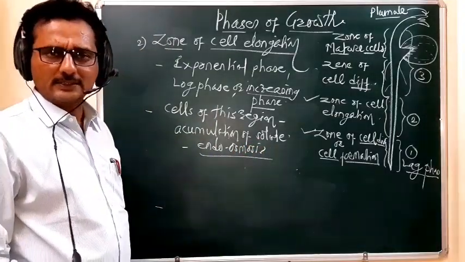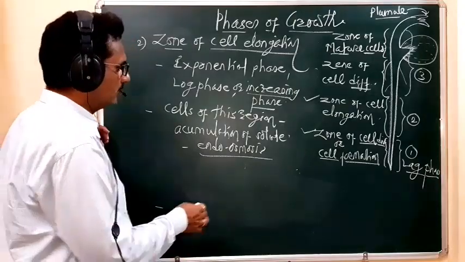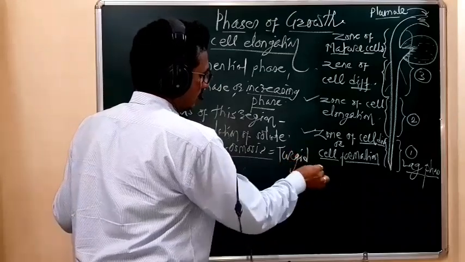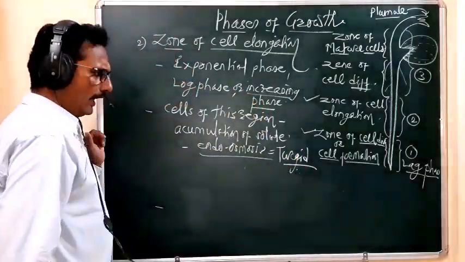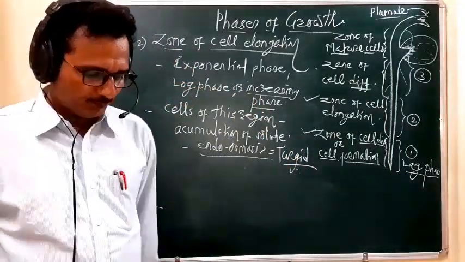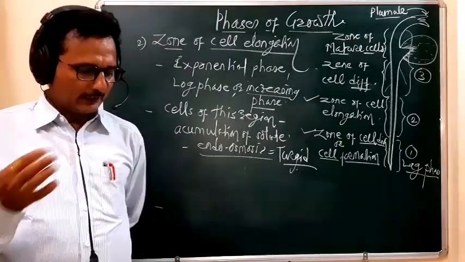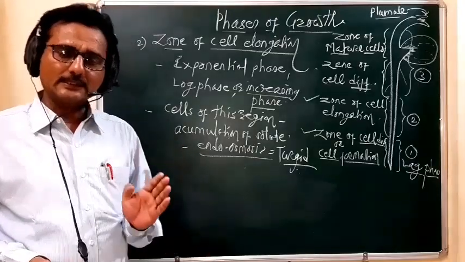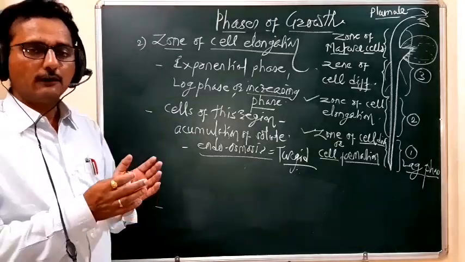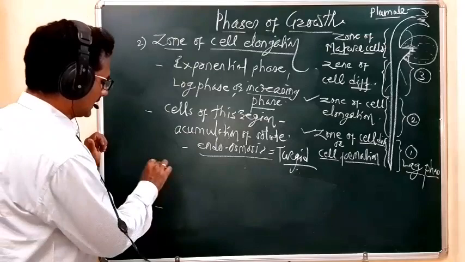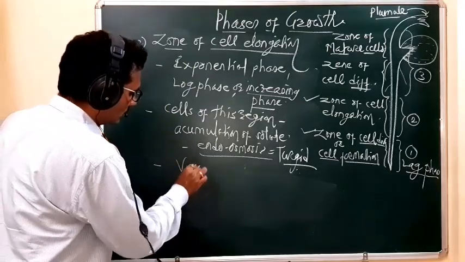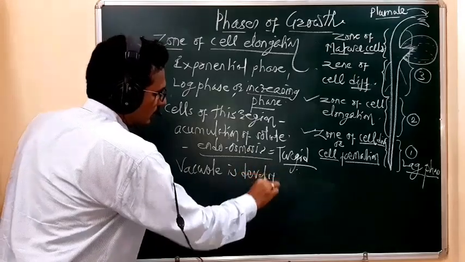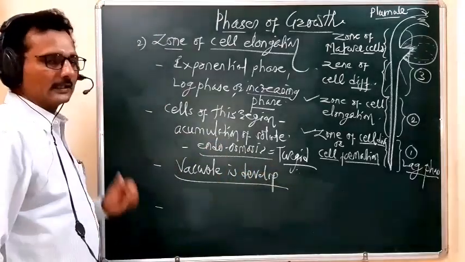Because of this endosmosis, what happens? The cells become turgid. And along with that, when the cells become turgid, side by side, the vacuole is developed inside the cell.